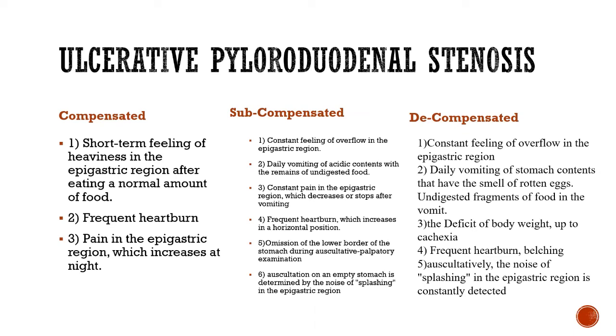The compensated stage is characterized by a short-term feeling of heaviness in the epigastric region after eating a normal amount of food, with frequent heartburn and pain in the epigastric region, which increases at night.